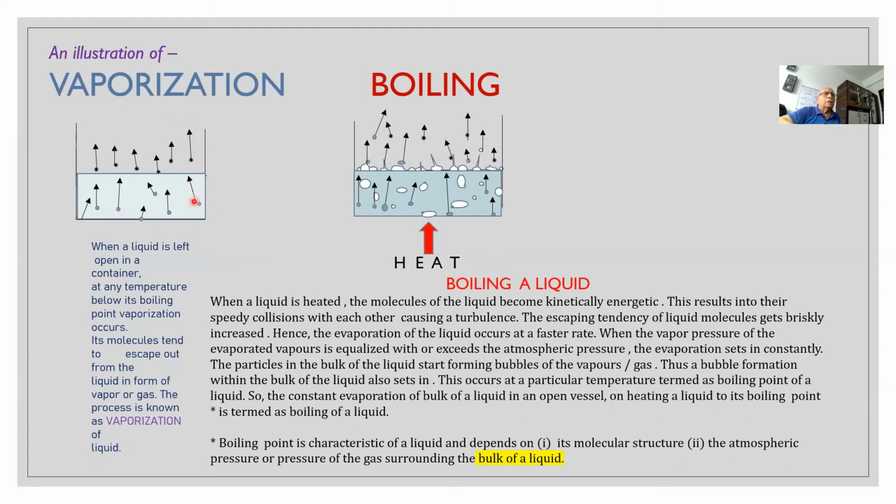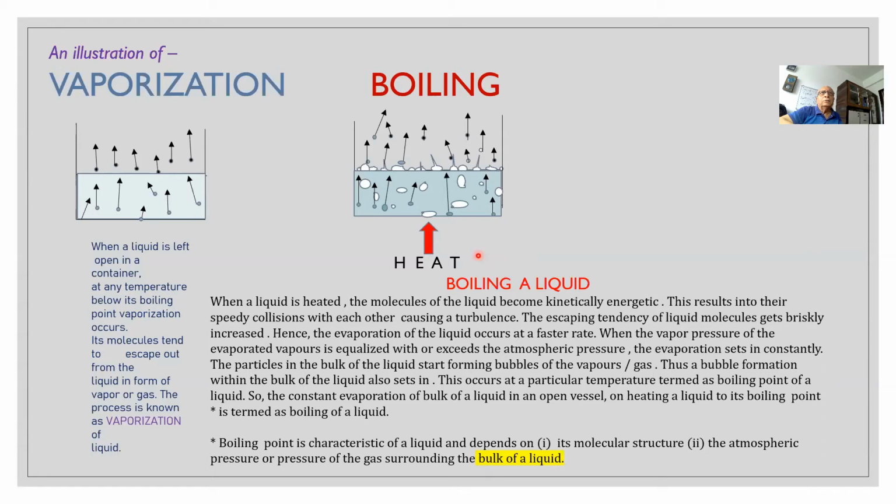A number of particles are there, a few particles are shown rising up, and escaping tendency is there. Escaping means getting out. They have a tendency to leave the surface, leave the liquid level. And as one particle gets out, the other particle comes over the surface and tends to get out in the form of a gas. So this is known as vaporization. Okay. Now, boiling is something different.